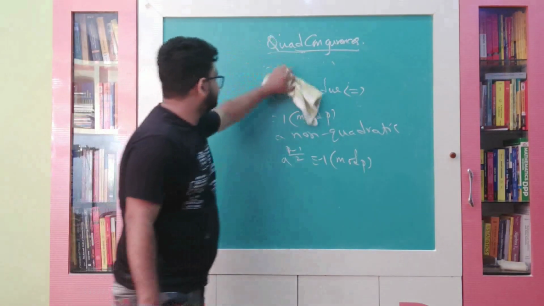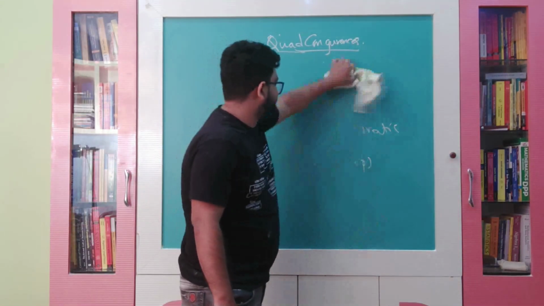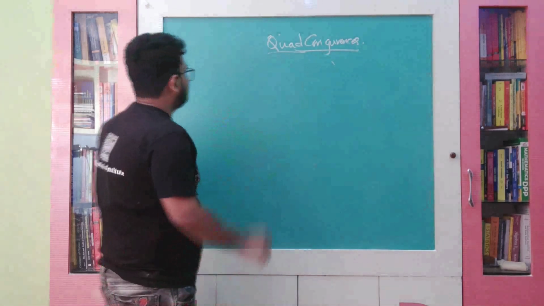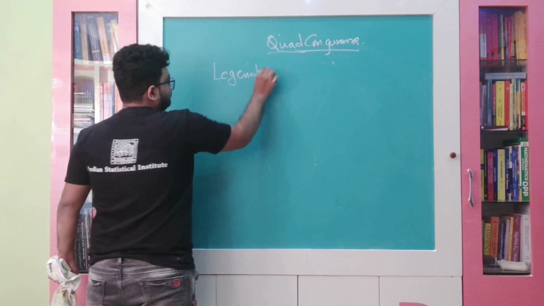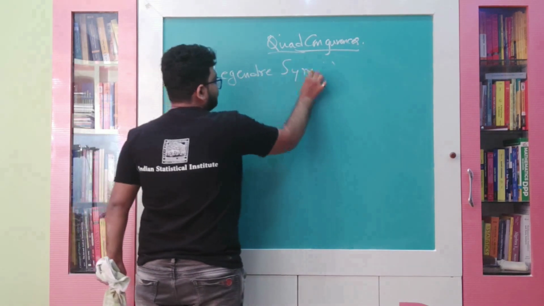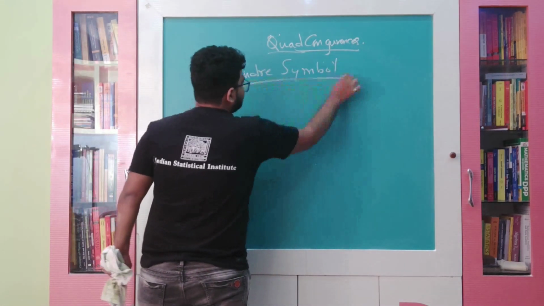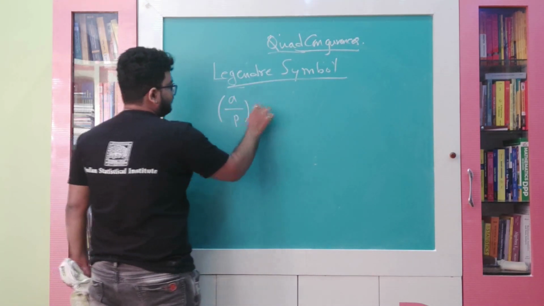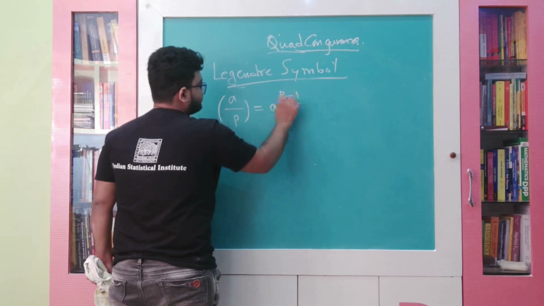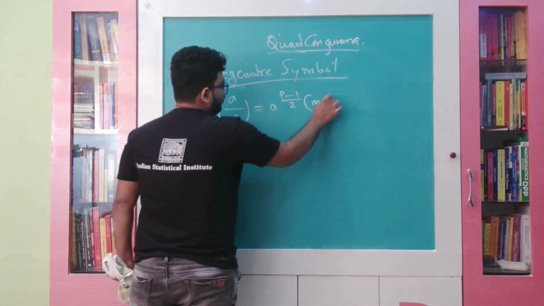Now the Legendre symbol. It says that (a/p) equals a to the power (p minus 1)/2 mod p.